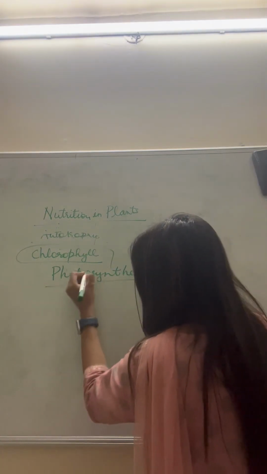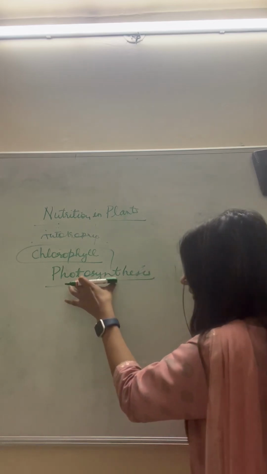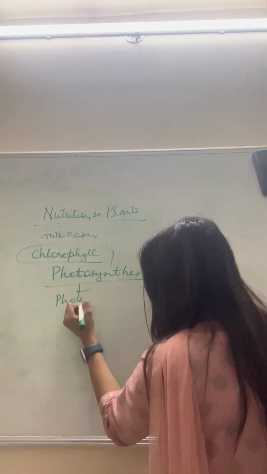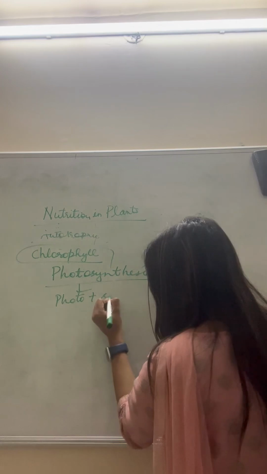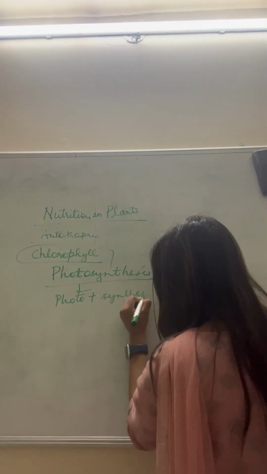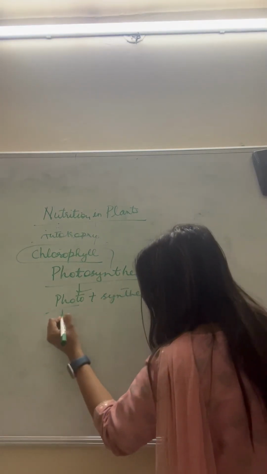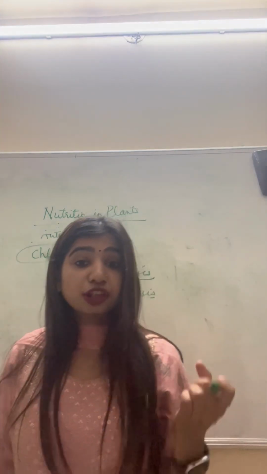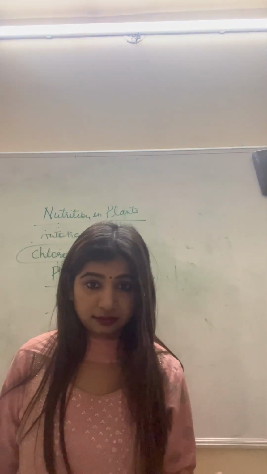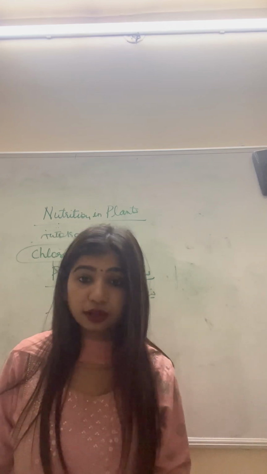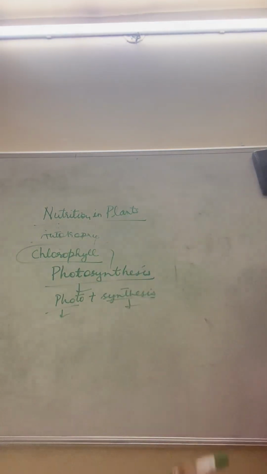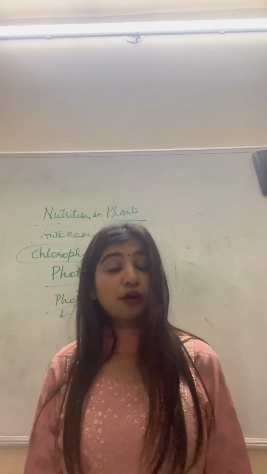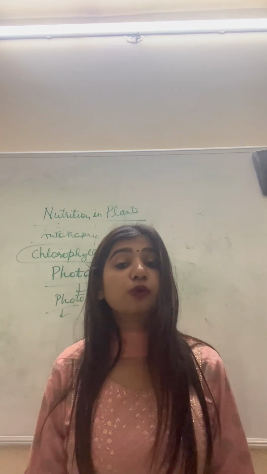The word photosynthesis is made up of two parts, photo and synthesis. Photo means light and synthesis means production. So it is the production of food through light, which light? Sunlight. Green plants are able to do photosynthesis because they have a pigment called chlorophyll.